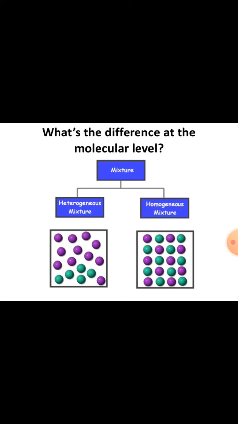The particles are not uniformly distributed, not evenly distributed, and they have no order. It is an orderless arrangement of particles. But in the homogeneous mixture, the particles are orderly arranged and mixed well.